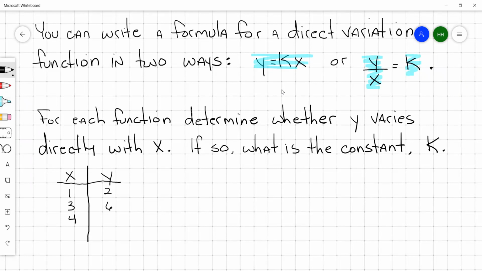So look, if you take your y and divide it by x, do you get the same number? If you take 2 and divide it by 1, that equals 2. If you take 6 and divide it by 3, you get 2. And if you take 8 and divide it by 4, you get 2.